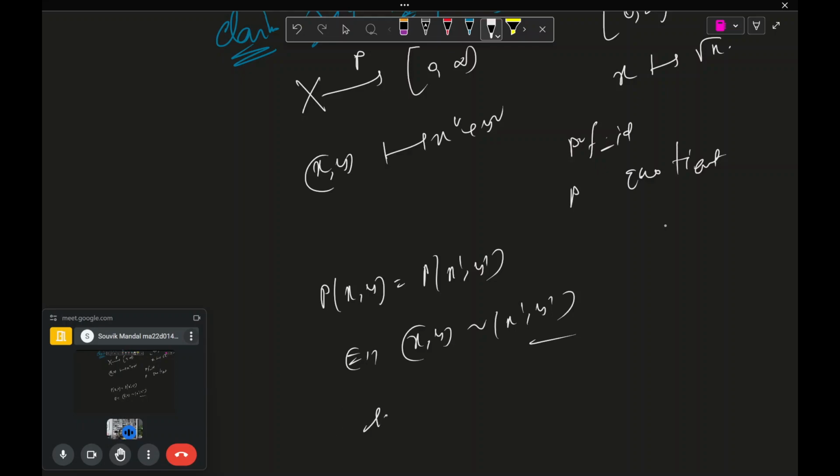So by that theorem, the quotient space X star is homeomorphic to the interval from zero, closed, to infinity, open.